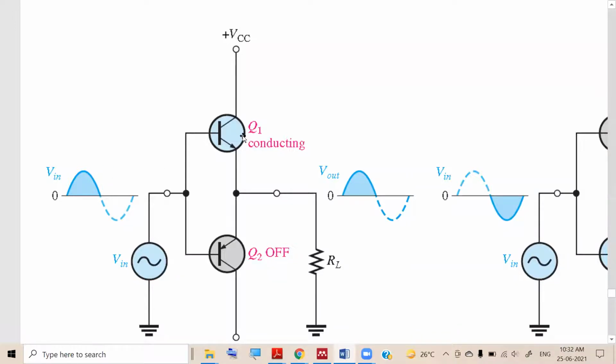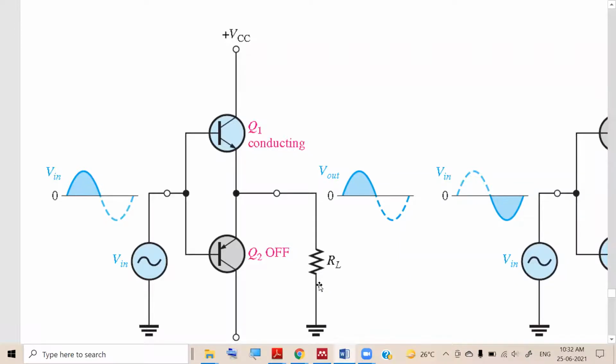Then what happens? The base of Q1, we discussed, is P. So with the P side positive, Q1 will conduct. So the signal flow will be from the source in this path to the load.